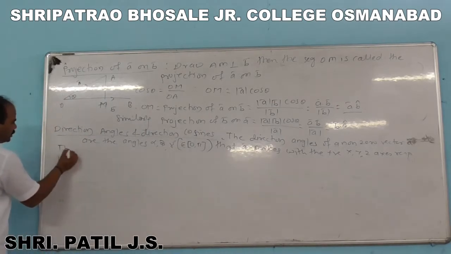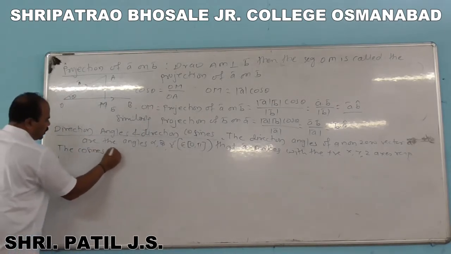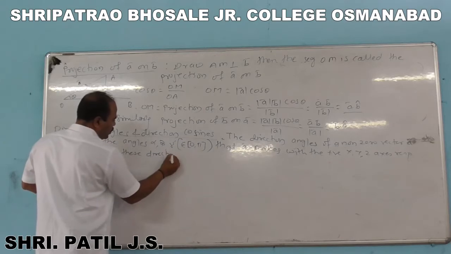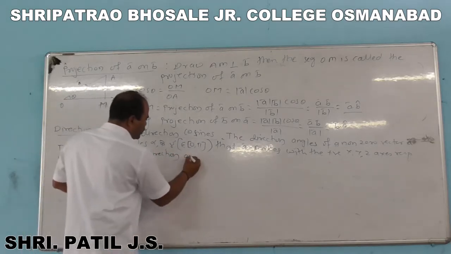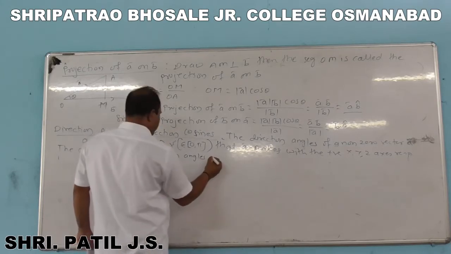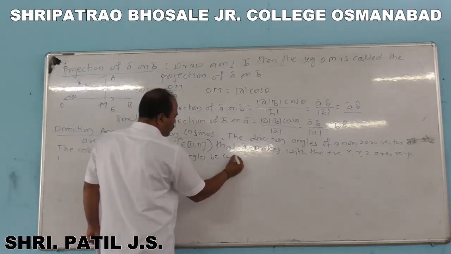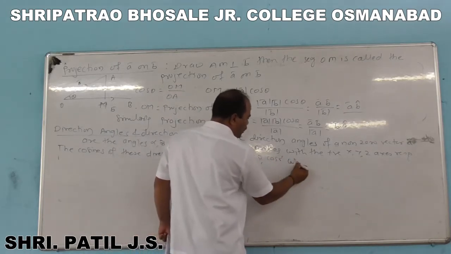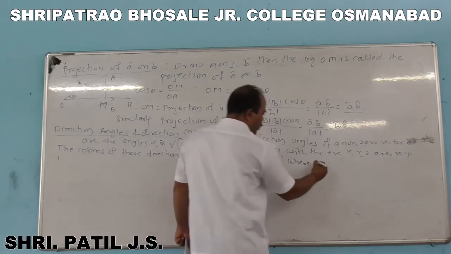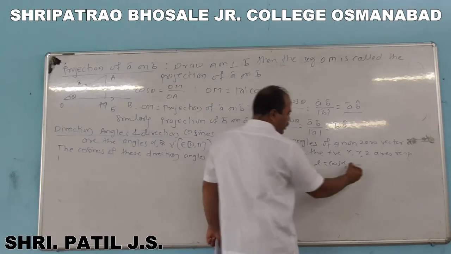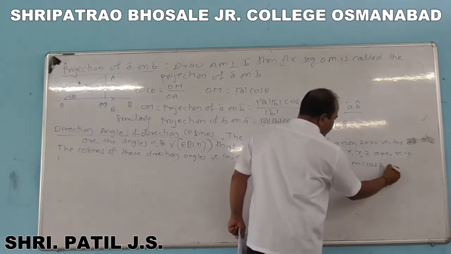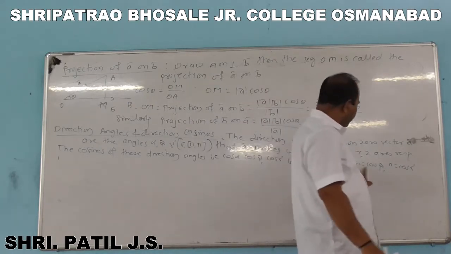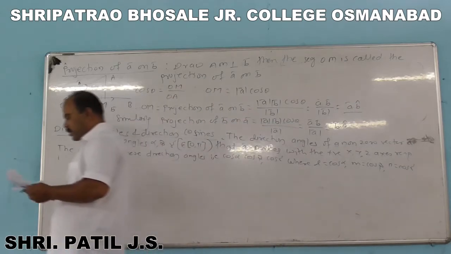The cosines of these direction angles, that means cos alpha, cos beta and cos gamma, where the notation is l equal to cos alpha, m equal to cos beta and n equal to cos gamma.